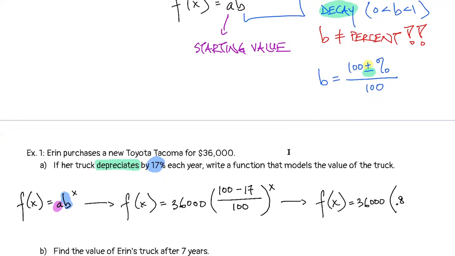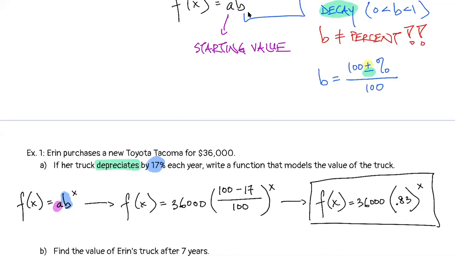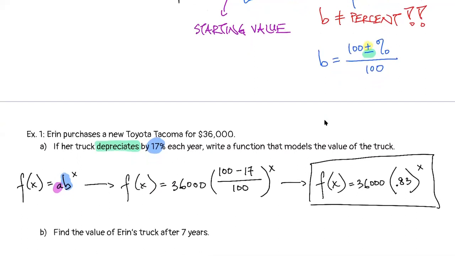So 0.83 to the power of x. This is our equation that models the value of the truck, okay? Are there any questions about how we wrote our equation? How we got the A value, how we got the B value?